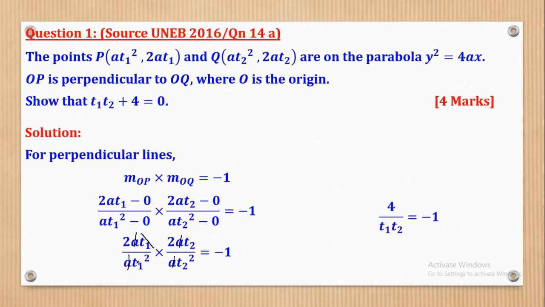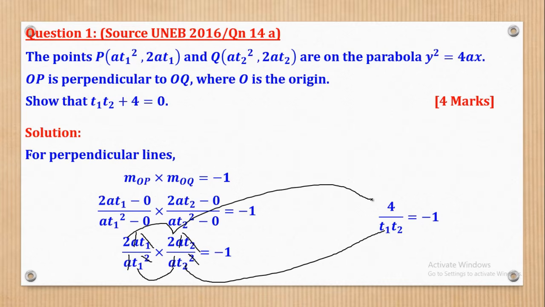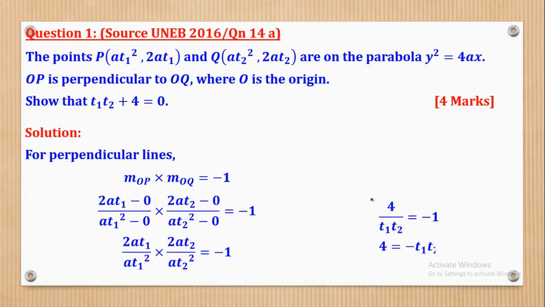Then 1t cancels with 1t here to remain with t1, and here 1t2 cancels with 1t2 to remain with t2, so t1 t2. Therefore, the denominator will have t1 t2, which is this, and the numerator will have 2 times 2, which is 4. Cross multiply, then put everything on one side to come up with what they wanted.